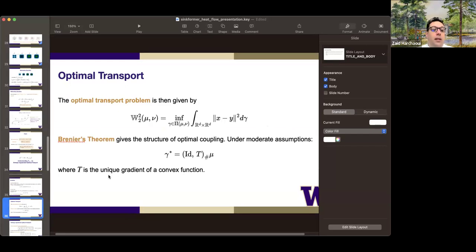A famous theorem by Brenier gives a solution of this problem as the gradient of a particular convex function and gives a gamma star as a solution to this problem. Here, W2 corresponds to the Wasserstein distance.